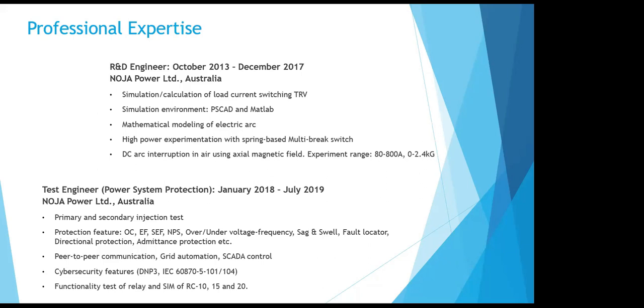They are all provided under the relay 10, relay 15, and relay 20 of automatic circuit recloser. On top of that, we had different provisions of peer-to-peer communication, grid automation, SCADA control, and different cyber security features like IEC 60870-5-101 and 104 extension, and different types of DNP3 communication protocol.